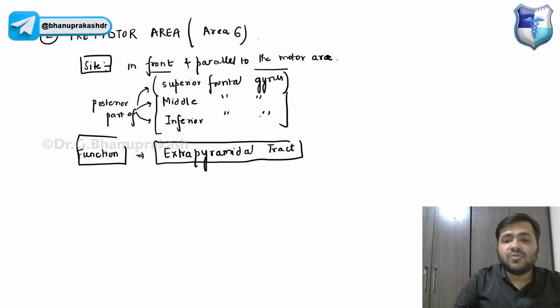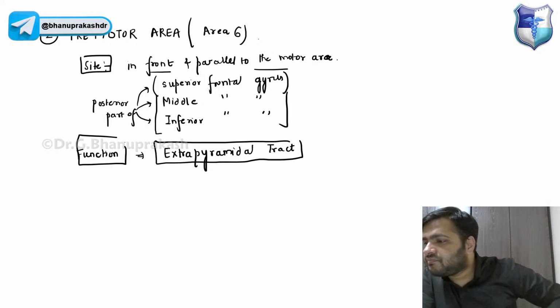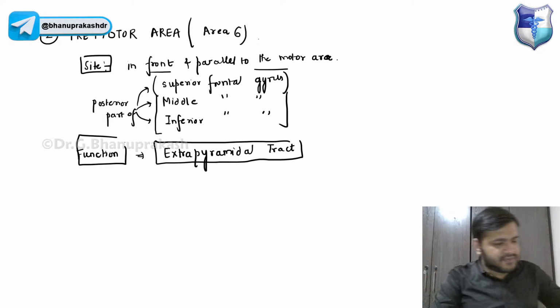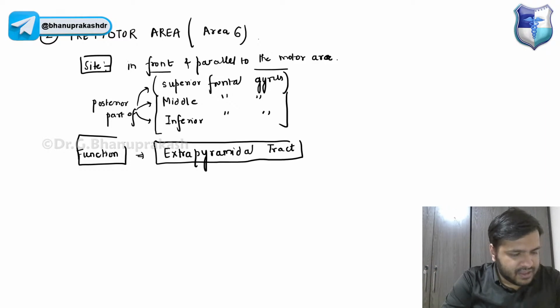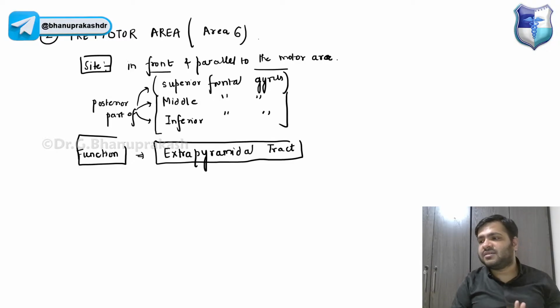Now you guys already know the extrapyramidal tract. We have the cortico-bulbar tract, we have the cortico-pontine tract, we have various tracts. All the descending tracts coming from the cerebral cortex are the extrapyramidal tract, right?